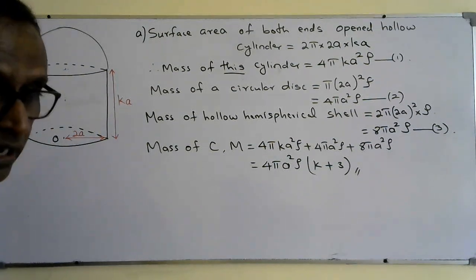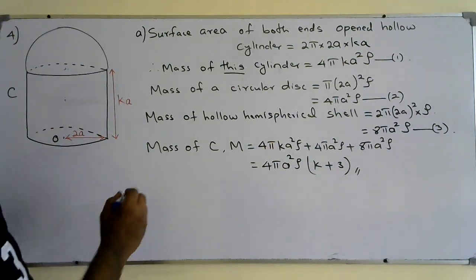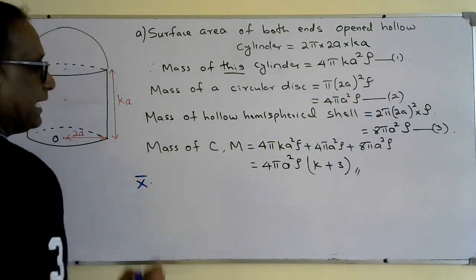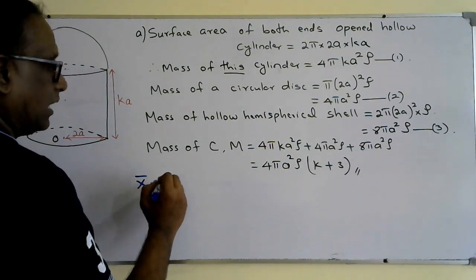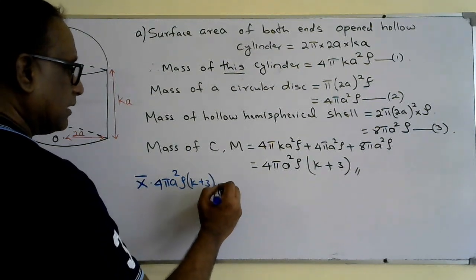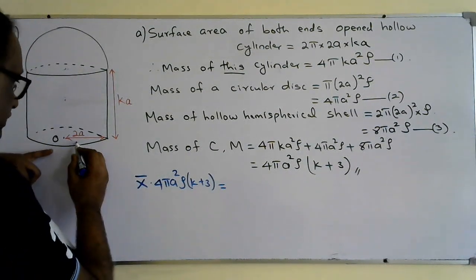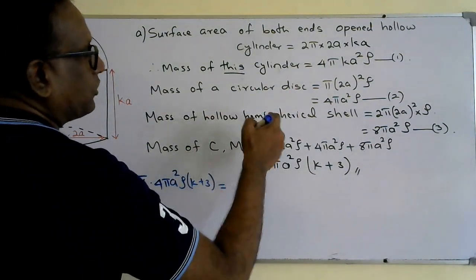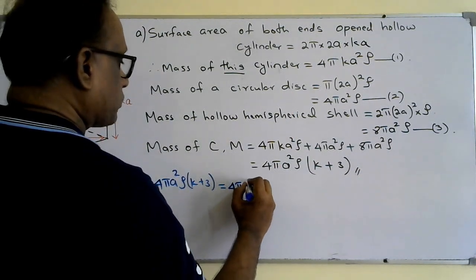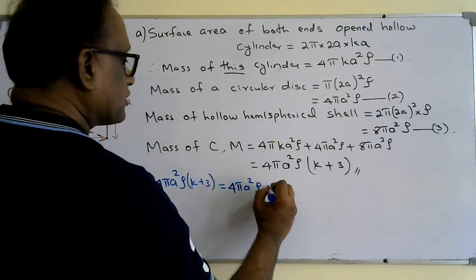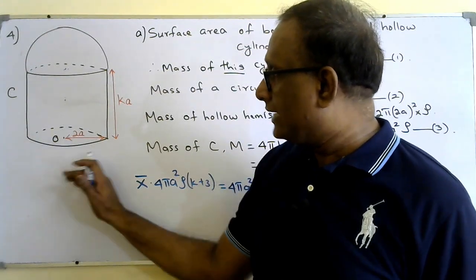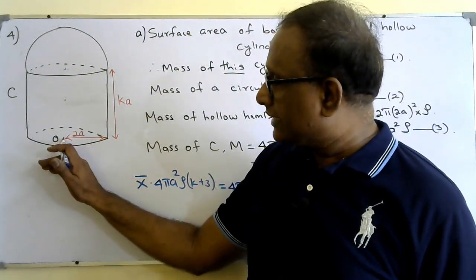Okay, so we'll use that idea here. So x bar, that's the center of mass of this container C, into the total mass 4 pi a squared rho into k plus 3 equal to sigma mi, mass of the bottom disk into 0. I write that mass of the circular disk 4 pi a squared rho into 0, because we are finding the center of mass of the whole system from O. So the center of mass of the base disk is at O. The distance of center of mass from O is 0.